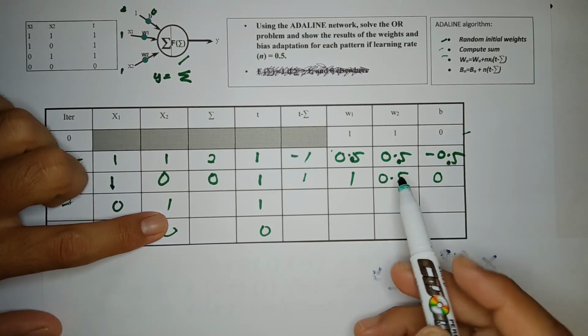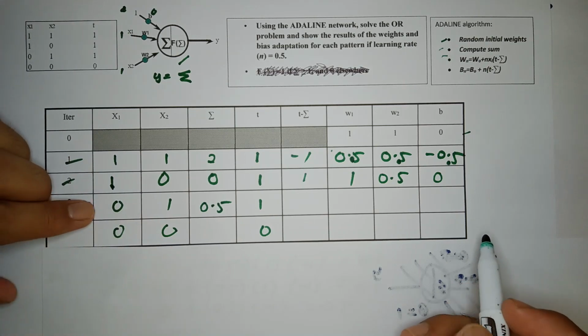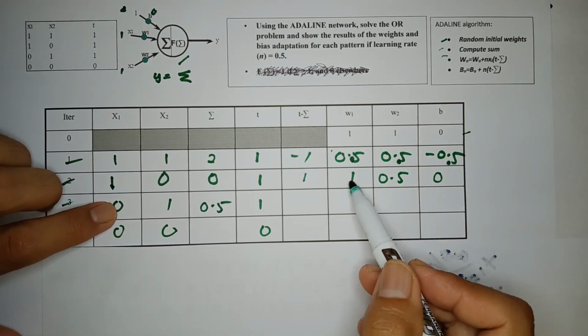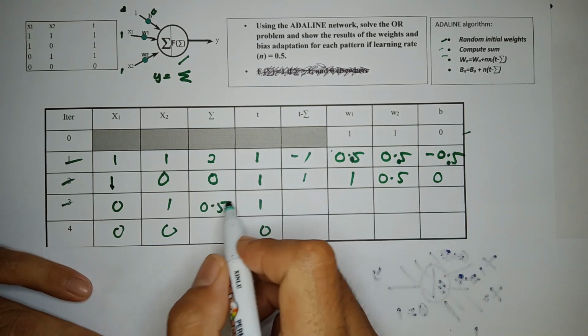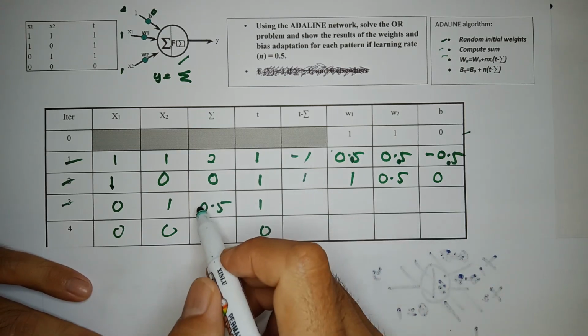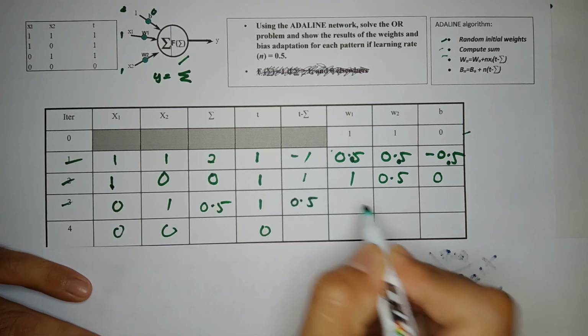So in this particular case, we have a summation value of 0.5. Okay, now target minus summation will be equal to 1 minus 0.5, which is equal to 0.5.